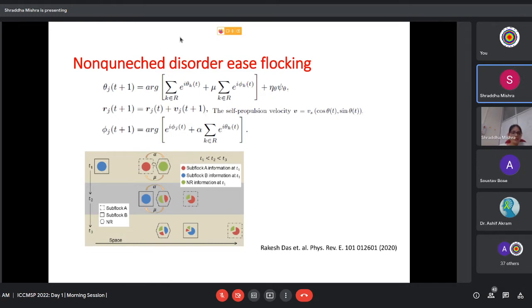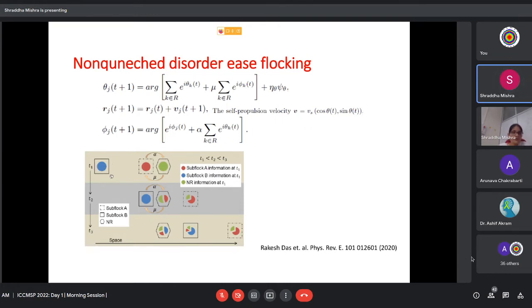Okay, now this is a cartoon picture of the result we have found, as I have shared the result here also. In the previous slide we have seen that the quenched rotator actually disturbs the flocking, but the non-quenched rotator actually eases the flocking, and not only eases the flocking, they also memorize the flocking. We have shown the result here by this cartoon, and then we will come to the details.